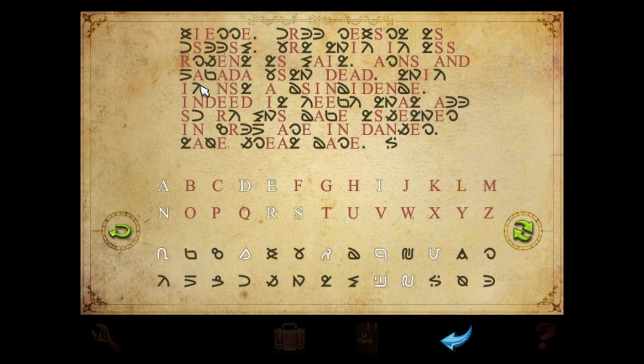So I'm spelling words, but I'm not spelling the right ones. S is wrong. Let's try S with this symbol. What spelling is in, and, things are working.